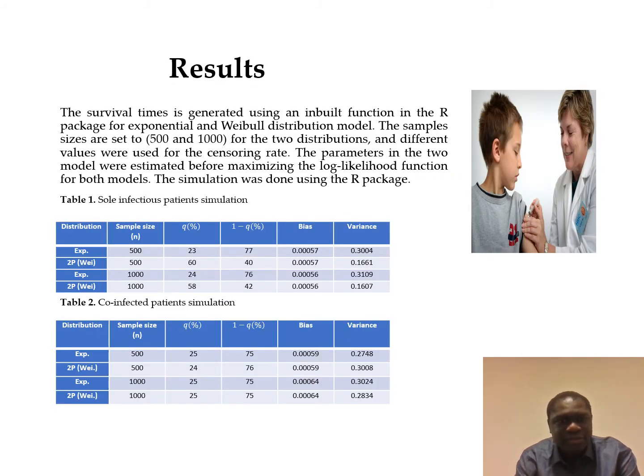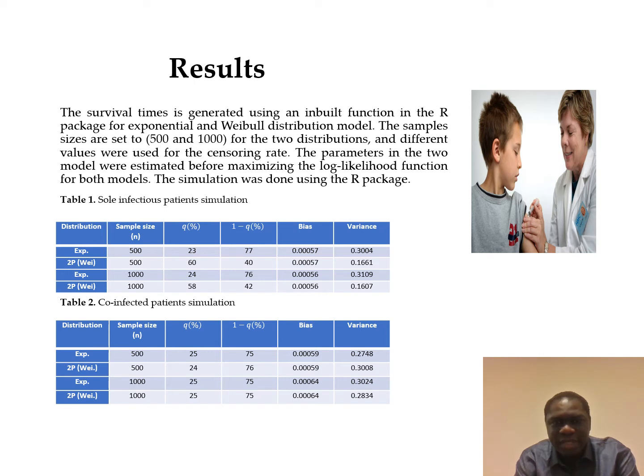The results. The survival times are generated using an inbuilt function in an R package for exponential and Weibull distribution models. The samples are set to 500 and 1000 for the two distributions, and different values were used for the censoring rate.